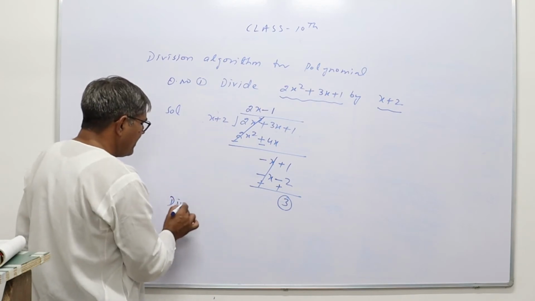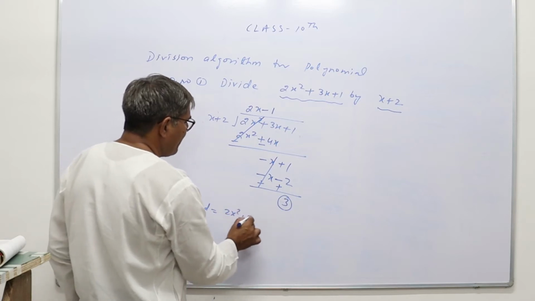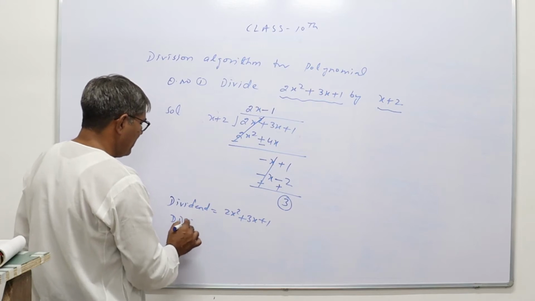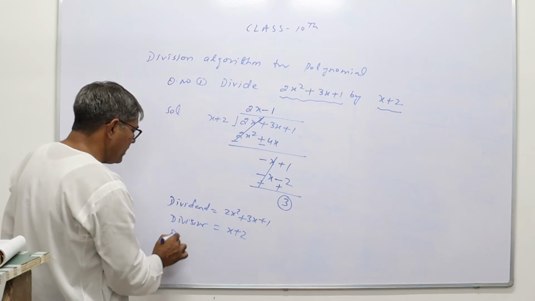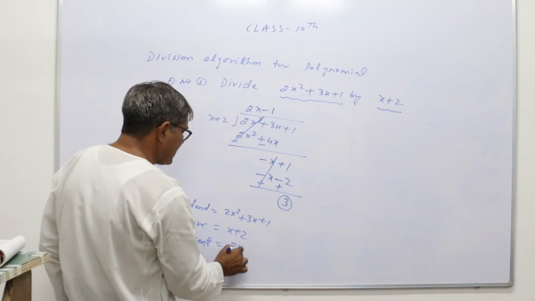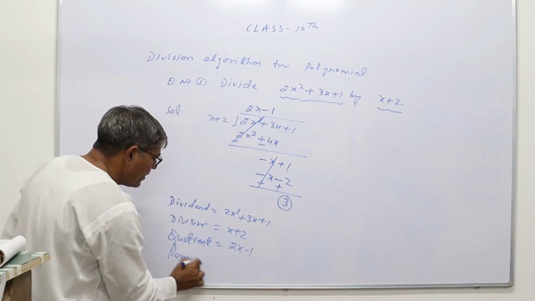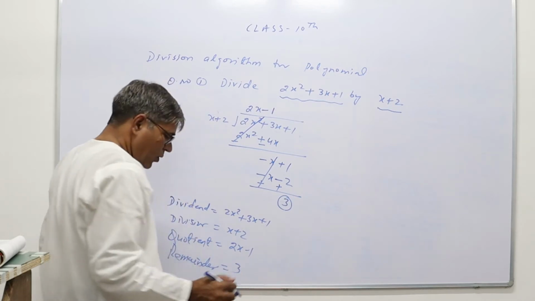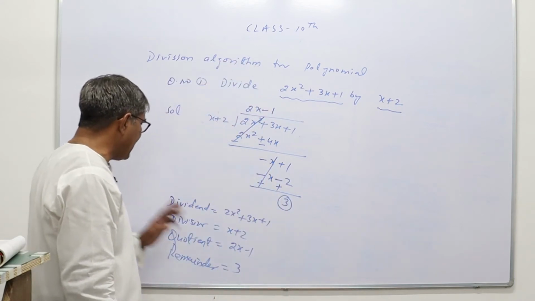So here, dividend equals 2x square plus 3x plus 1. Divisor equals x plus 2. Quotient equals 2x minus 1 and remainder equals 3. So what is the inter-relation between dividend, divisor, quotient and remainder?